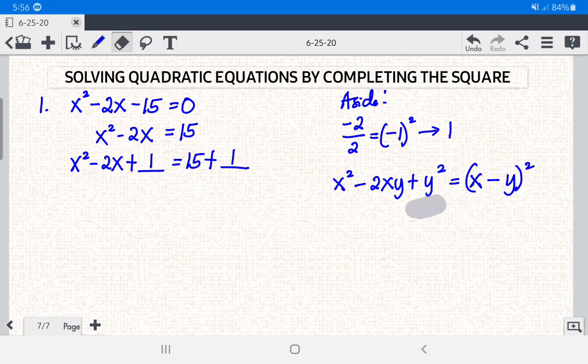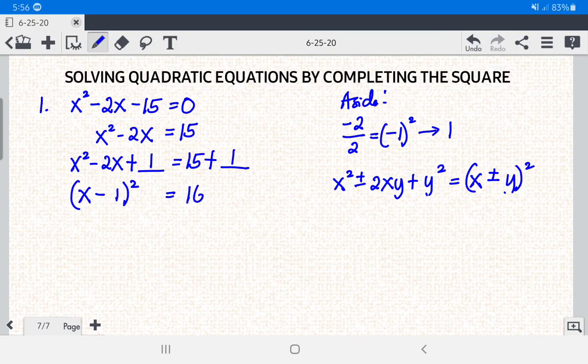Then the square root of the third term, the square root of y squared, is y. Then you square it. If this is plus, of course, this is plus also. Applying this concept, we have x minus square root of 1 squared, then equals 15 plus 1, we have 16.